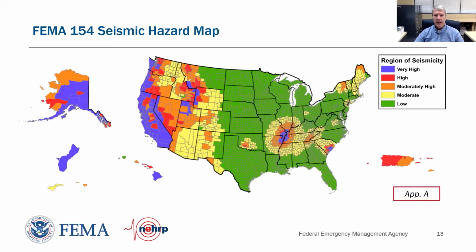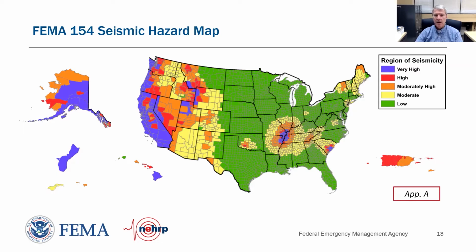The first element is to look at what seismicity region our building resides in. There are 2 ways to do this. In Appendix A of the P-154 document is a series of color-coded maps of the 5 seismicity regions, from low, moderate, moderately high, high, and very high.